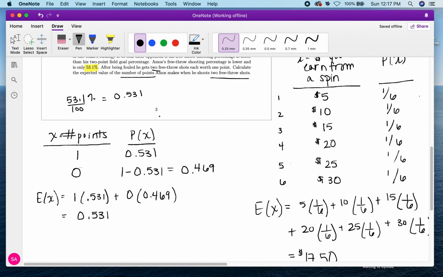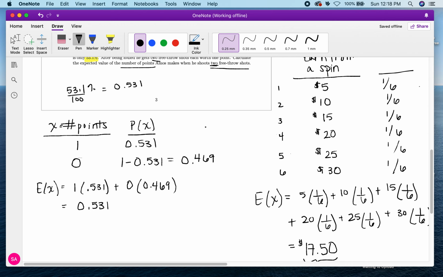But remember, they actually wanted to know what's the expected value when he shoots 2 free throw shots. So all we want to do to figure out the expected value of making those 2 shots is we just multiply the expected value times 2. 2 times the expected value.